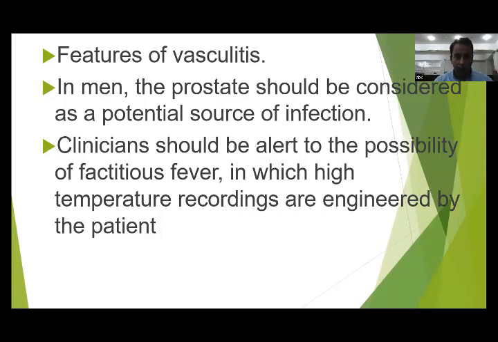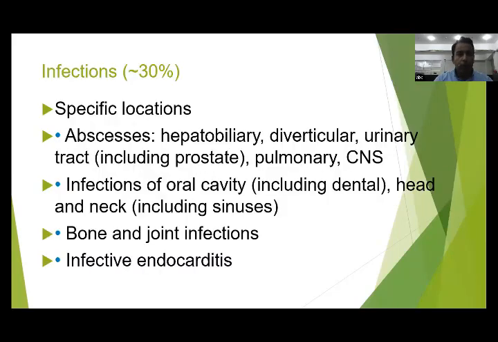Here we discuss the less important causes, or investigations you do less in your routine examination. The clinician should be alert to possible causes of fictitious fever, in which high temperature recording is important. So here come the infections. First, these are the few early points of infection we are going to discuss.